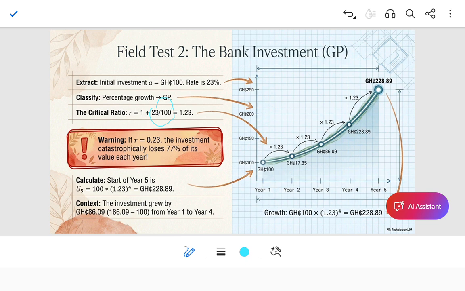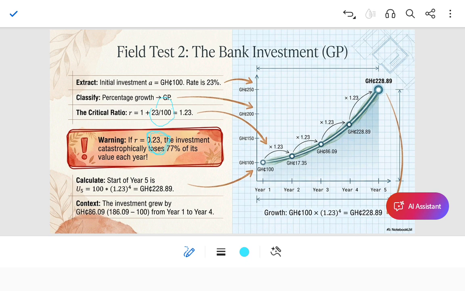Warning: if R is equal to 0.23, the investment catastrophically loses 77% of its value each year. So we don't use this. We don't write this.